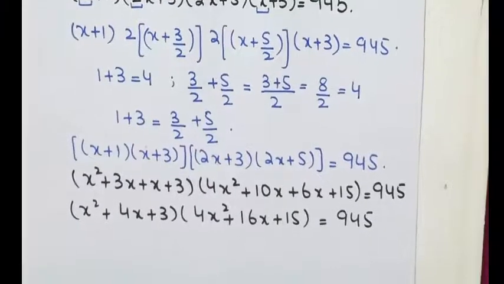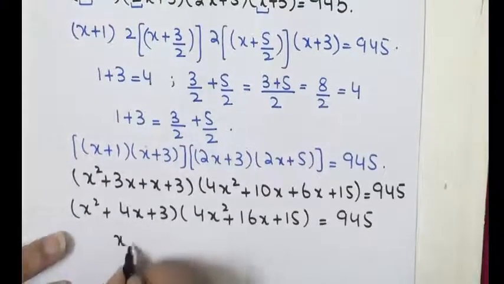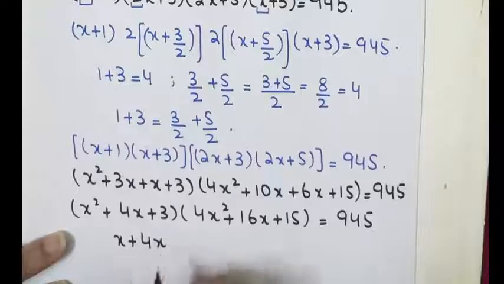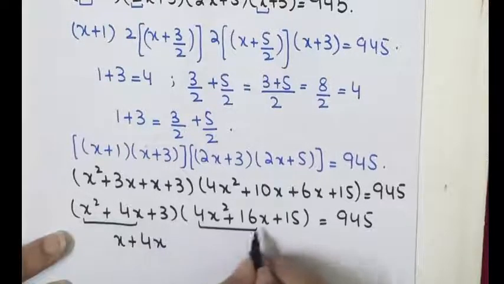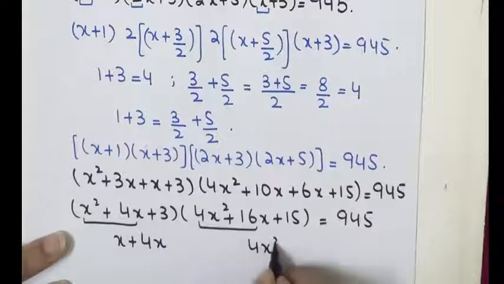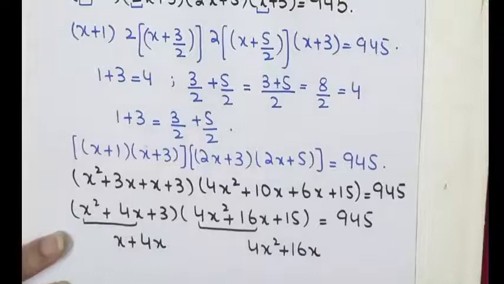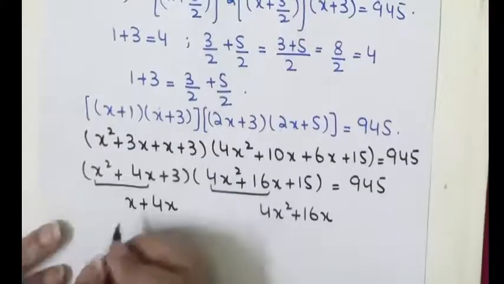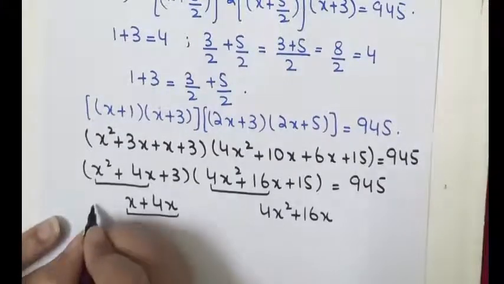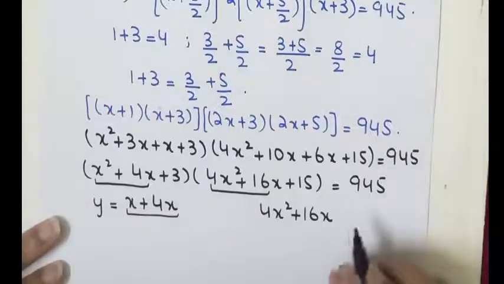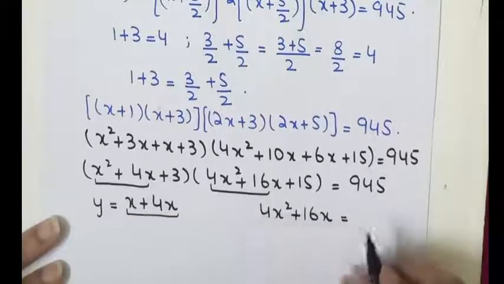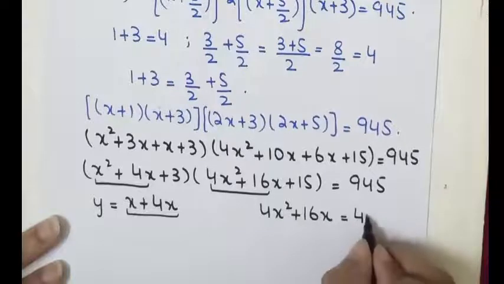So here you can see we have x² + 4x and here we have 4x² + 16x. It means if we assign this term a variable y, we can assign this term a variable 4y.